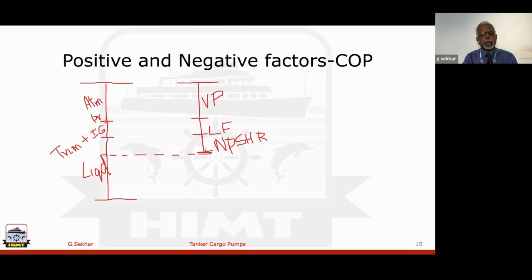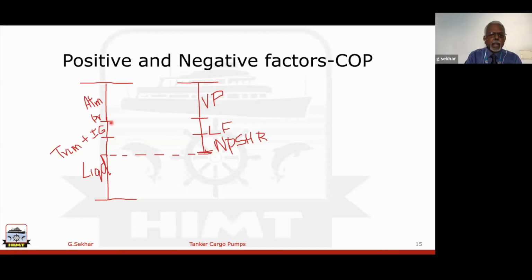Now, these are the positive factors, and these are the negative factors which affect the pump from taking suction. This side is the positive factors, which help the COP to take suction, and this side I have listed the negative factors, which will affect the pump from taking suction. In the positive factors I have written the atmospheric pressure, which pushes the liquid down towards the pump eye of the impeller.